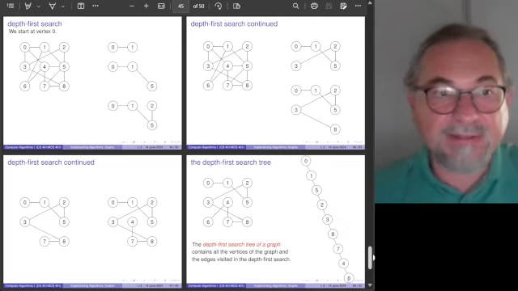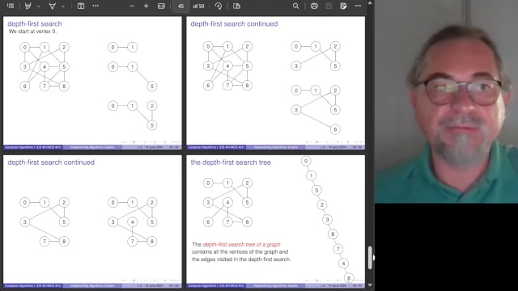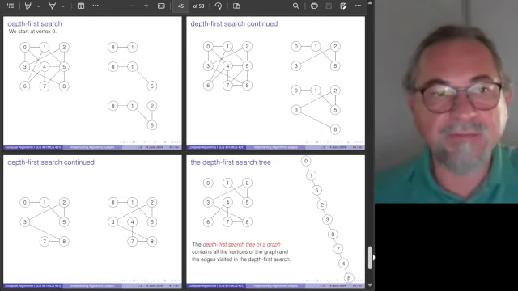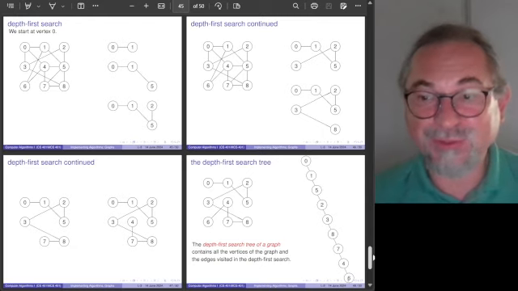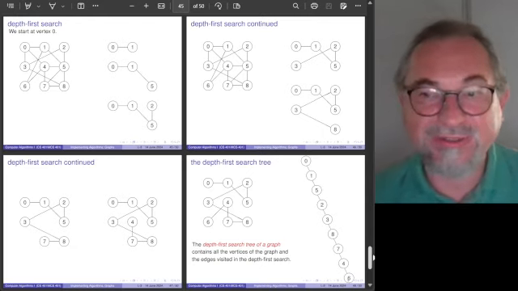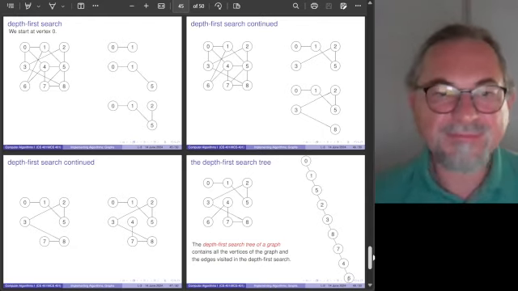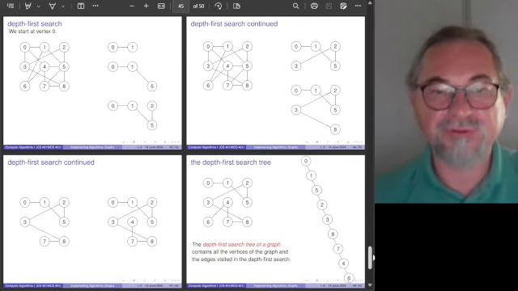After that, 6 is connected to 1, but we visited 1 already, and we come from 4. So there the algorithm terminates. And we end up with essentially only one branch. So it is a tree, and it is the depth first tree of the graph.